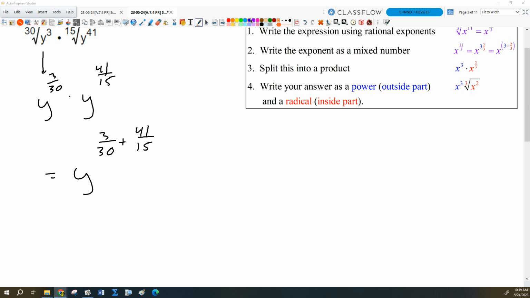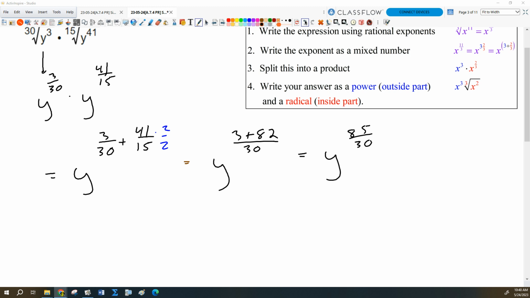What would I have to do to the second fraction to get a common denominator? Good. Top and bottom by 2. And we end up getting then y. I've got a common denominator of 30, and I get 3 plus 82, which gives me y to the 85/30.